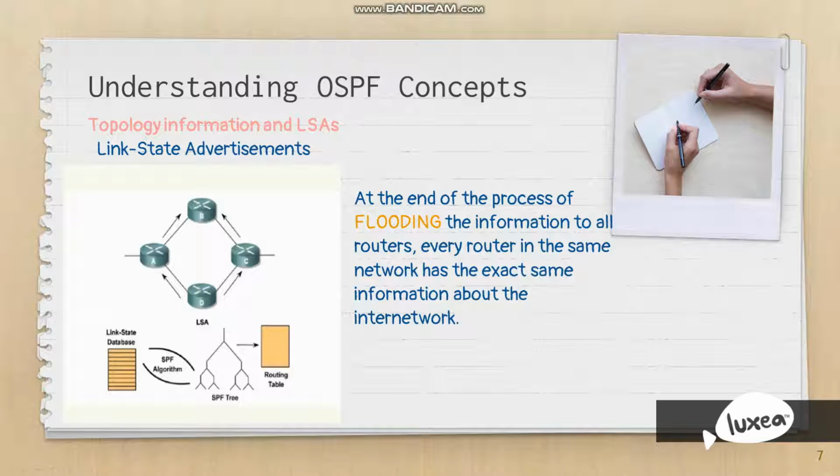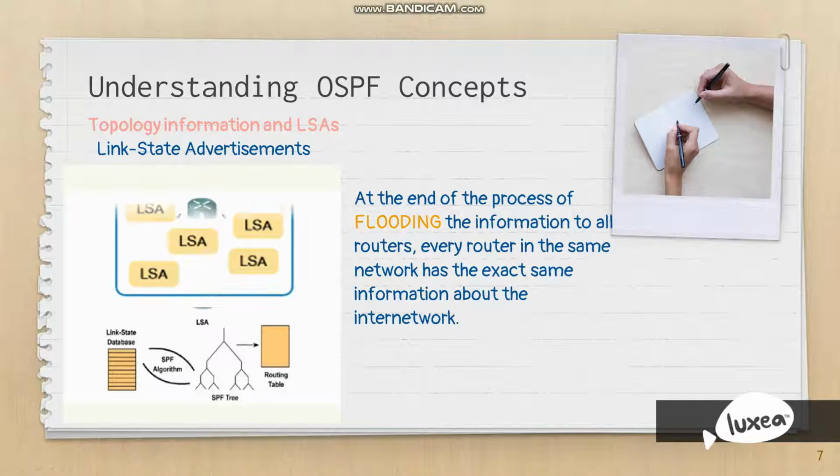And here's another example. In this picture, there are LSAs, and each LSA is a data structure with information about the network topology, and the LSDB is just the collection of all the LSAs in a router.